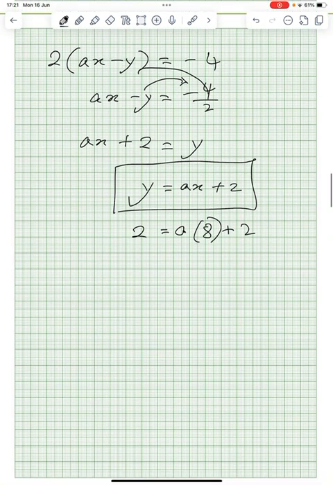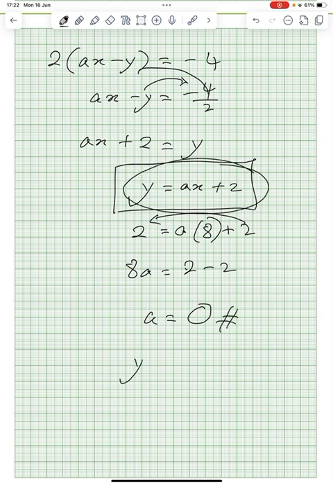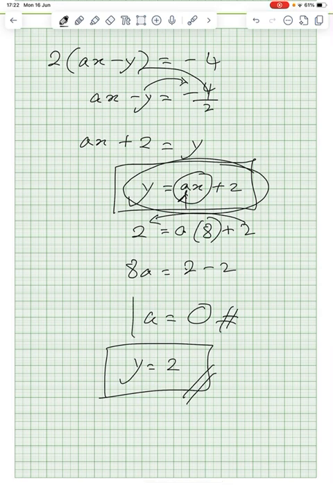That means 8a = 2 brought over becomes 2 - 2, so 0. So a = 0 divided by 8, which is 0. That means your equation is y = 0 times x plus 2, and 0 times x is still 0, so y = 2. This is your equation of your straight line graph. You have found your a.